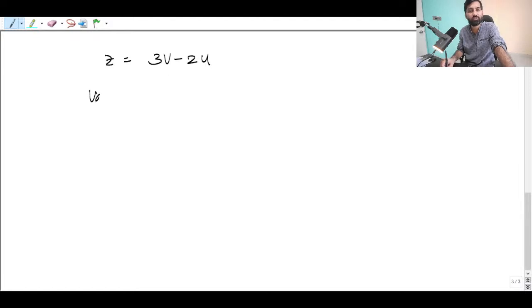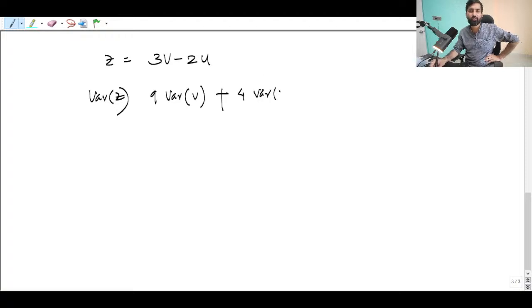Now what is the variance of Z? Since these two random variables are independent of each other, you can add the variances. So here 3 will come out, so it will be 9 times the variance of V, and this is 4 times the variance of U.